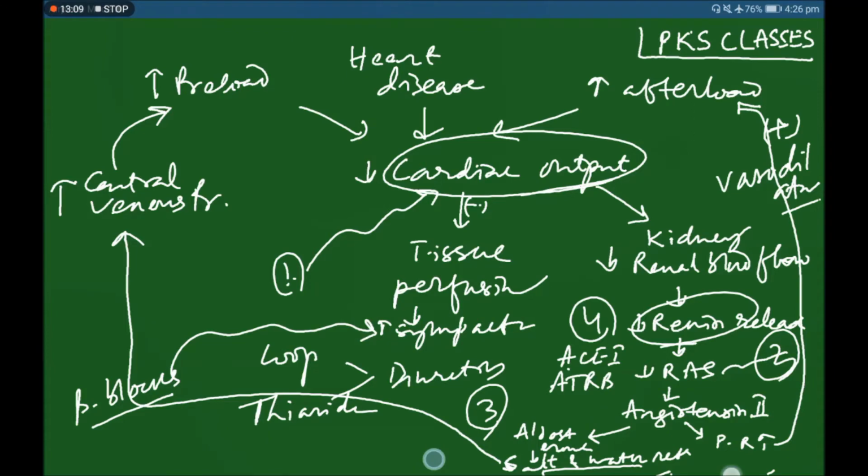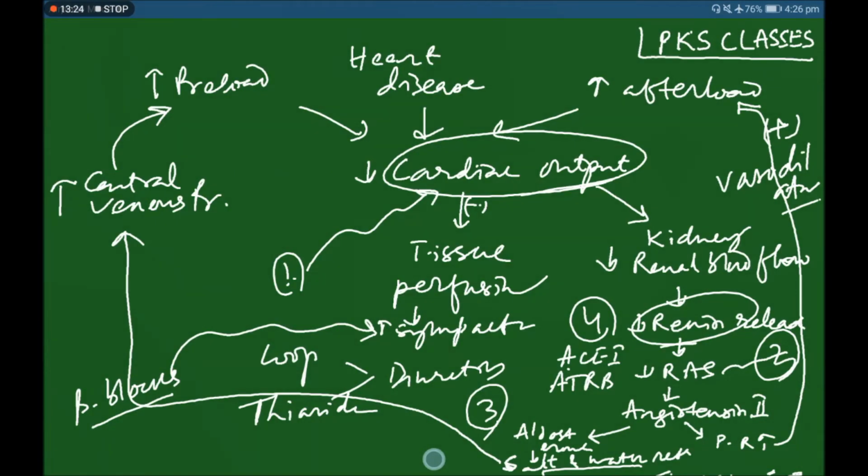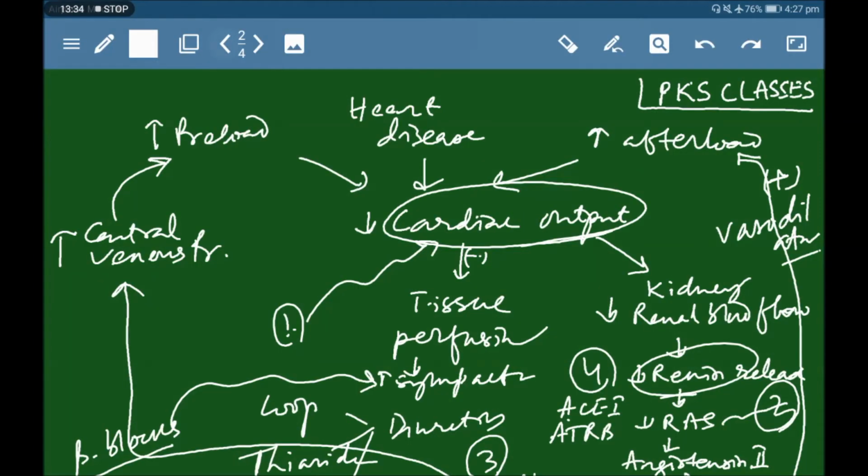So beta 1 agonists we will use when we want to increase the cardiac output, and when we want to block the sympathetic activity we can use beta blockers. And also you can use aldosterone antagonists. So in diuretics we can also use aldosterone antagonists, spironolactone, that can be used. So with this it is over.